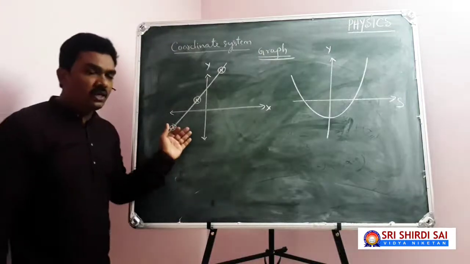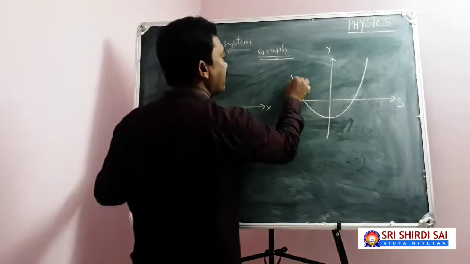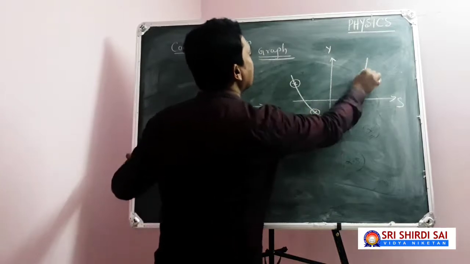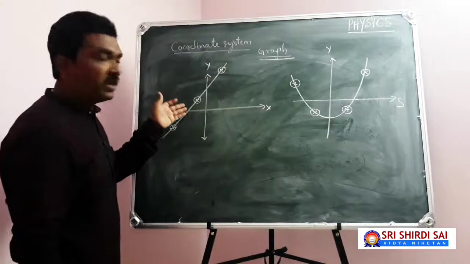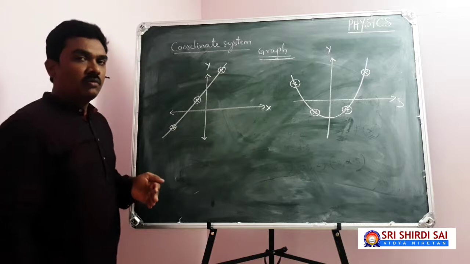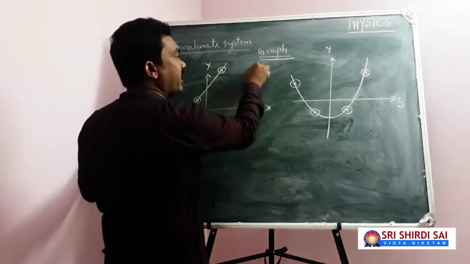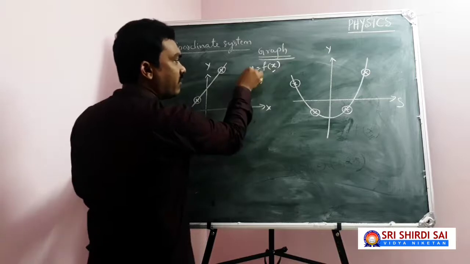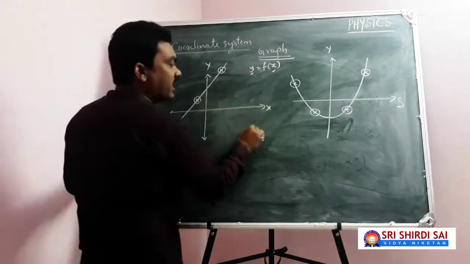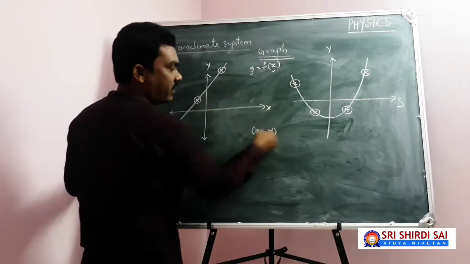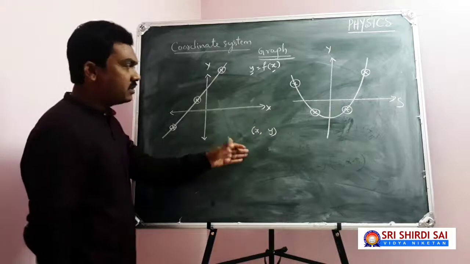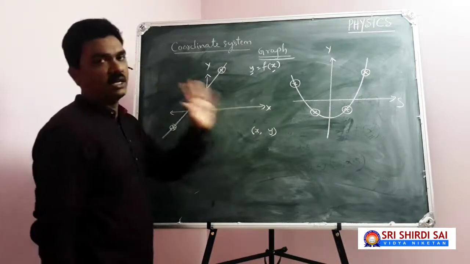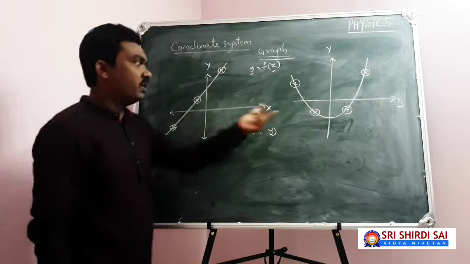So your graph may be a straight line or a curve on joining the different points in the coordinate system. What are these points? I told you. When y is equal to f of x, for different values of x, take the different values of y, then you will get ordered pairs x comma y. All those ordered pairs you will locate in the coordinate system, you will join them, then you will get a graph. Maybe a straight line, maybe a curve.